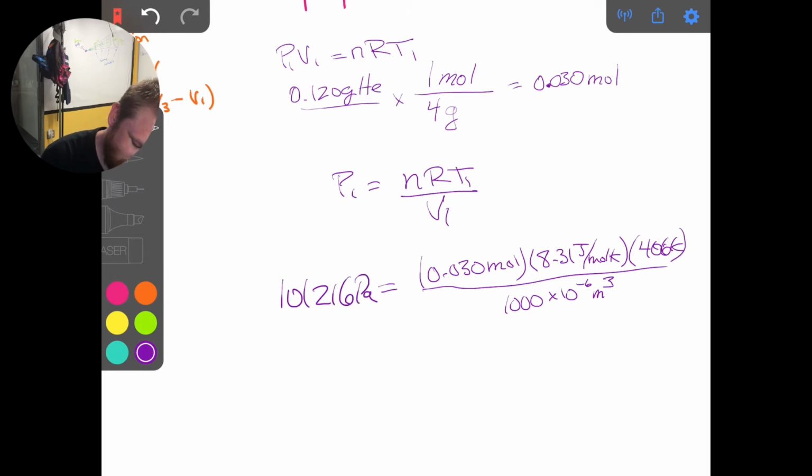Maybe recognize this as being very close to 1 atmosphere. Food for thought. It's not useful to us, but it is 101,216 pascals.